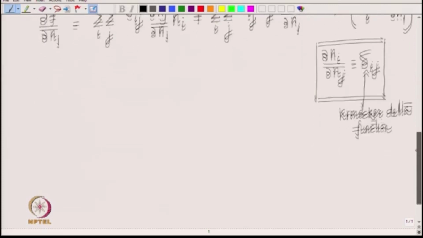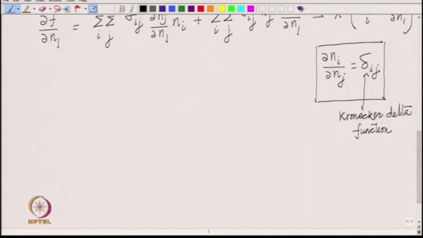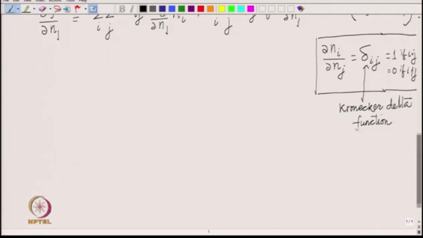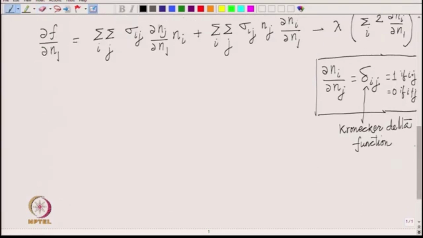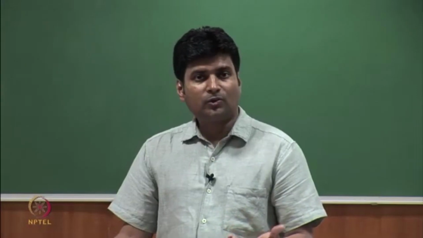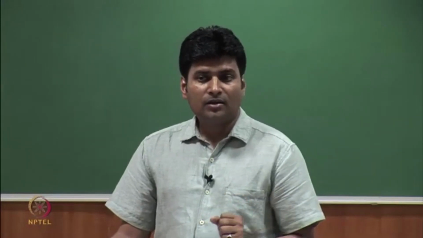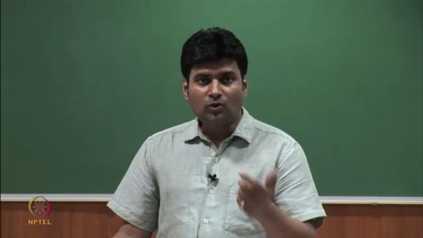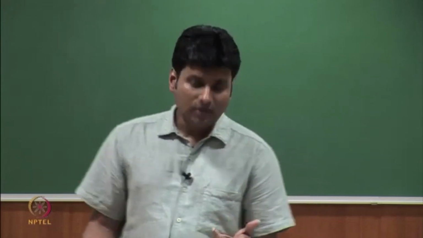So, this function is 1 if i and j are same, otherwise it is 0. So, I should write that here. So, we can use that in this derivative. In fact, why do we not generalize this? Instead of n 1, can we think of taking the derivative with respect to, let us say, n k, where k could be 1, 2, 3, anything, right.